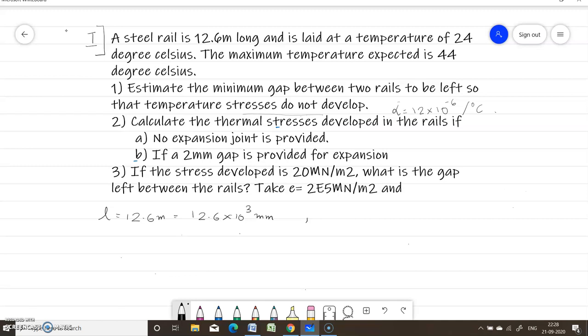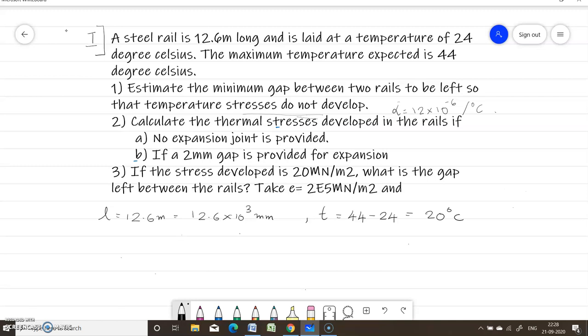The maximum temperature expected is 44 degrees Celsius. So we can write the change in temperature T is equal to 44 minus 24, which is equal to 20 degrees Celsius. Estimate the minimum gap between two rails to be left so that the temperature stresses do not develop.